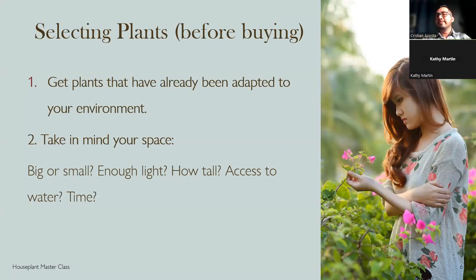And also the time. Do we have enough time to take care of the plants, or do we just have a couple of minutes per day, which is not enough?